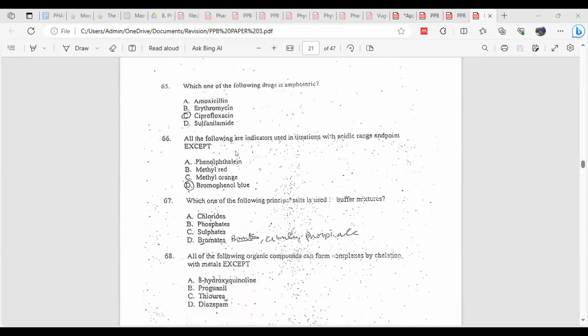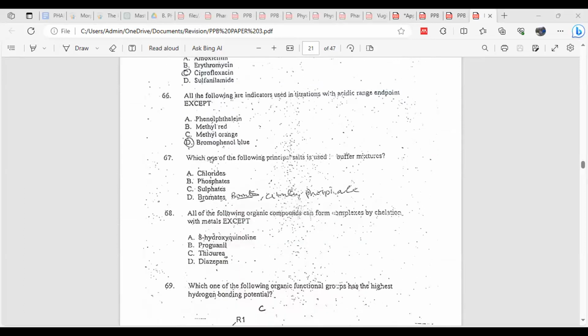Number 65. Which one affects? Crystal habit affects. Sorry. Which one of the following principal salts is used in buffer mixture?